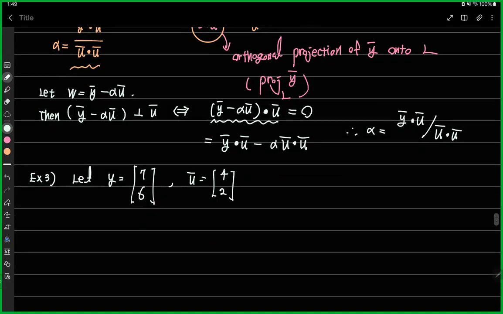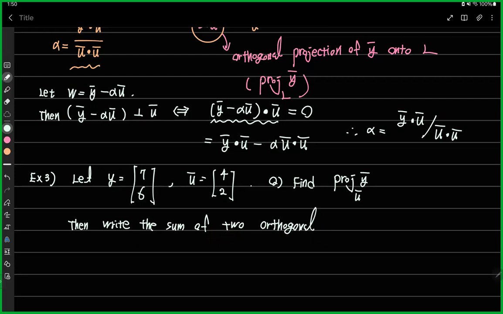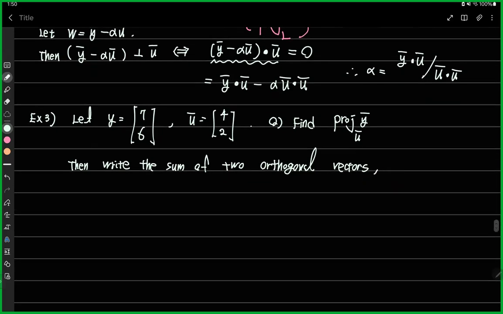The question is to define the orthogonal projection of vector y onto vector u, then write y as a sum of two orthogonal vectors, one in span u, and one orthogonal to u.